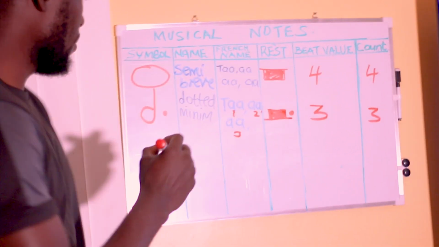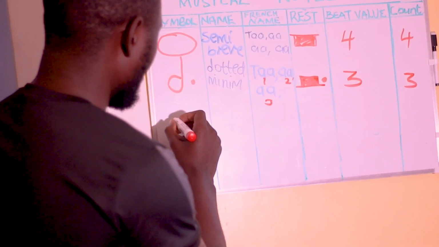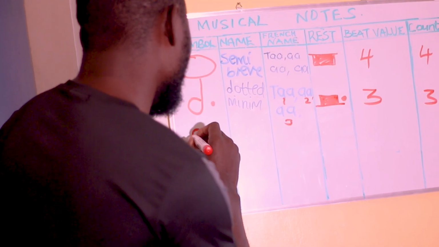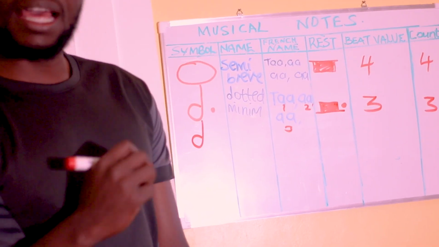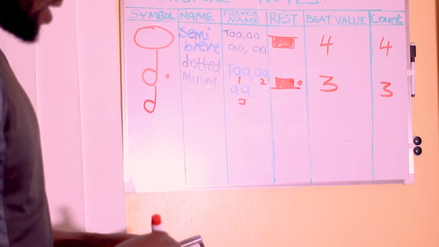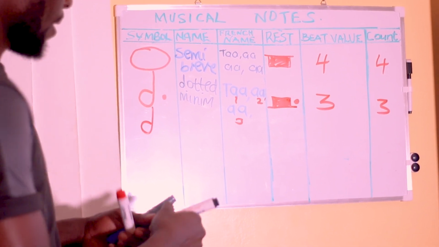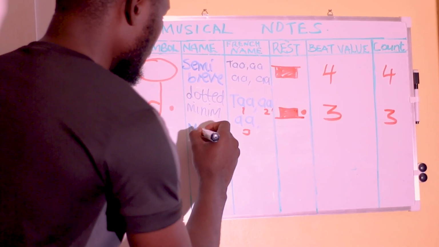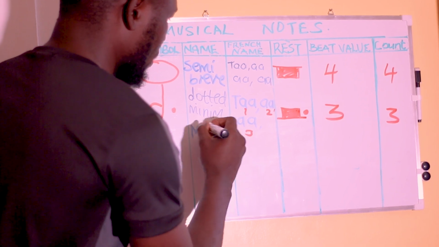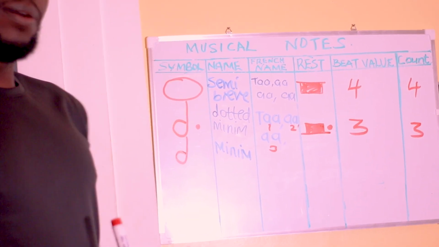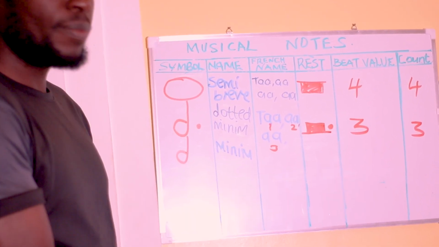After the dotted minim, the next one is a minim without a dot. The name is minim. What about the French name?